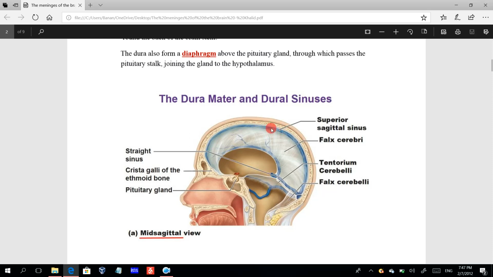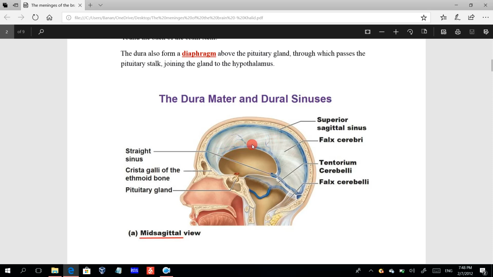After forming this sagittal sinus, the two layers of the dura mater fuse again to form this membranous part of the dura, separating the right from the left hemisphere. At the lower part of this membrane, there is also separation of the two layers.